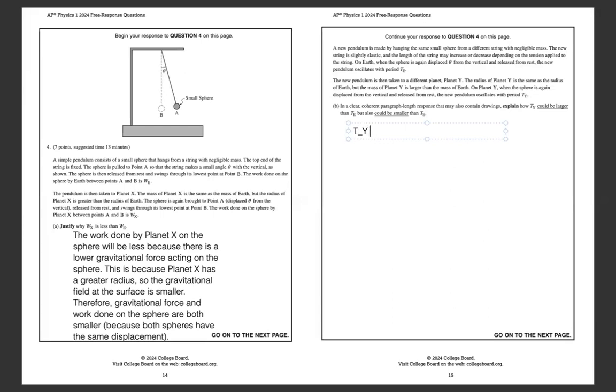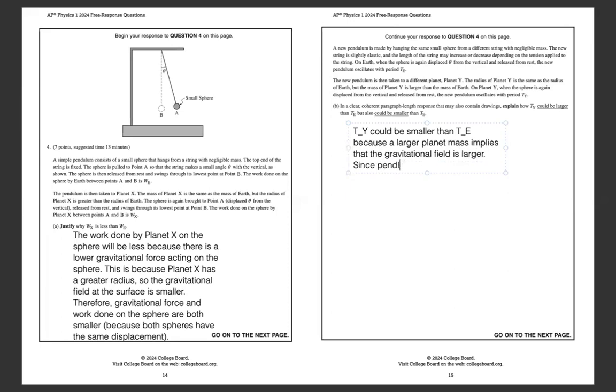So Ty could be smaller than Te because a larger planet mass implies that the gravitational field is larger.